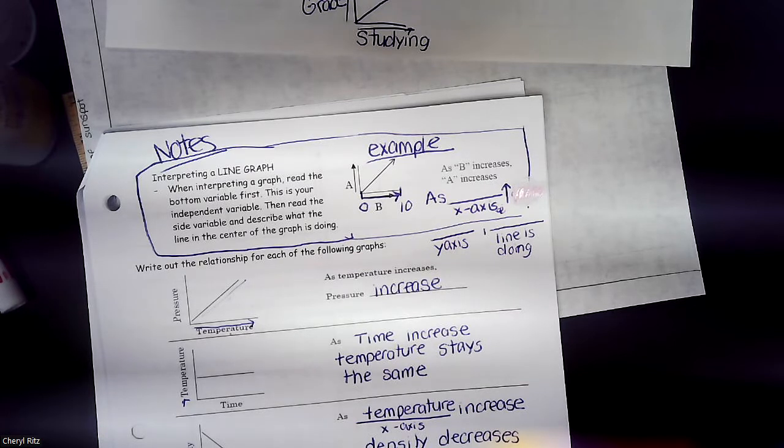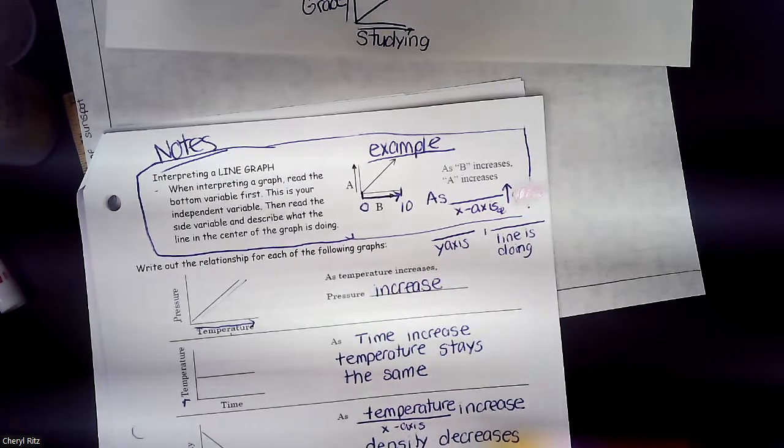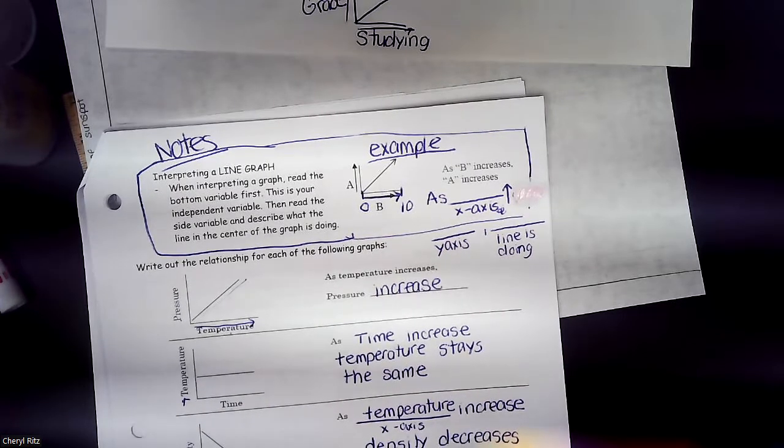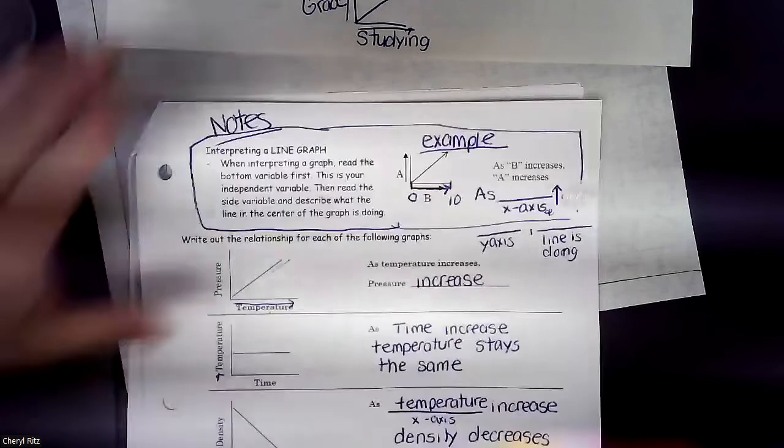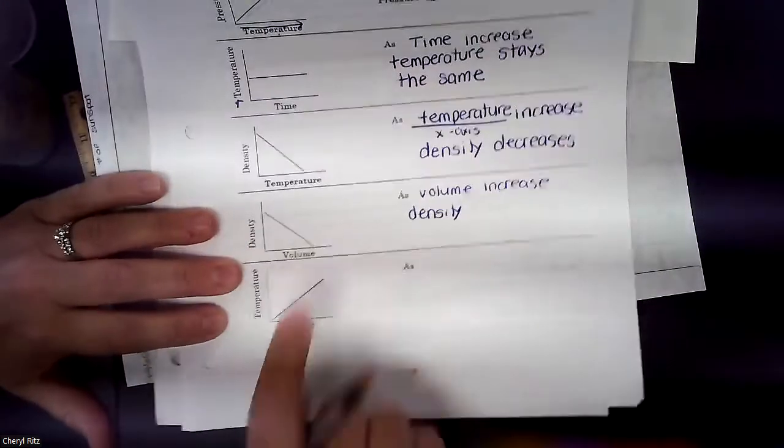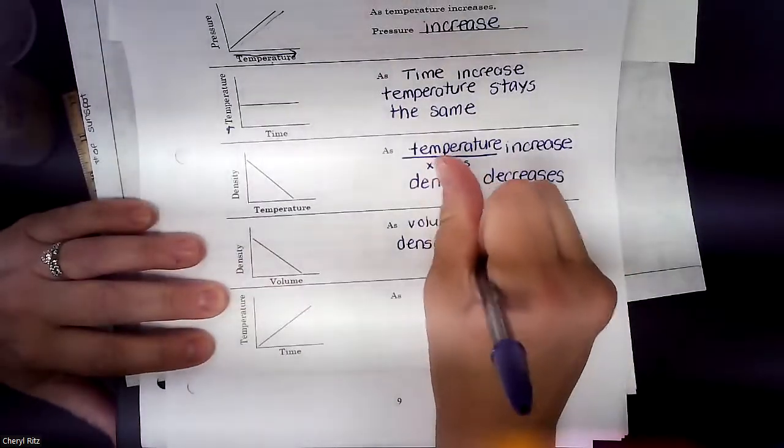All right, Cassidy, do you have the next one, volume and density? As volume, so volume is the x-axis, it always increases. Then you read the y, that's density. Then you tell me what the line is doing, and that's a down line, so that is a decrease.